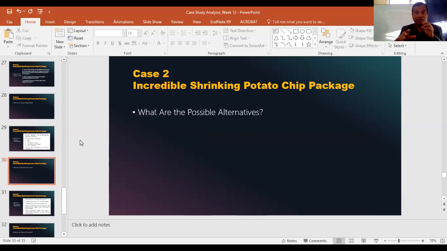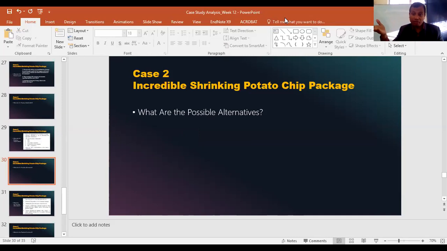With that note, what are the possible alternatives over here? We want some volunteers here. What are the possible alternatives? Remember, in the last case, the case of Sam, we saw he had five alternatives, starting with denying, up to resigning. What do you think, in this particular case, are the different possible alternatives?